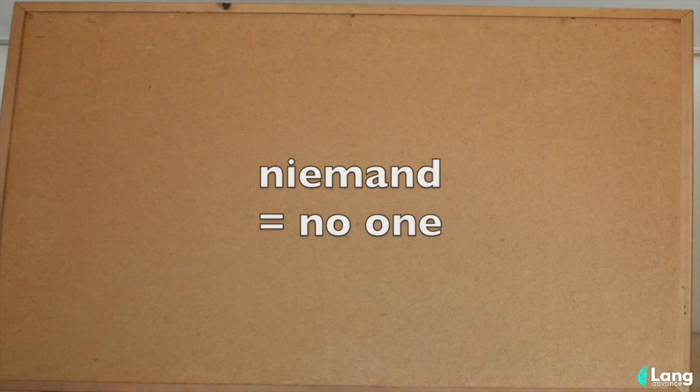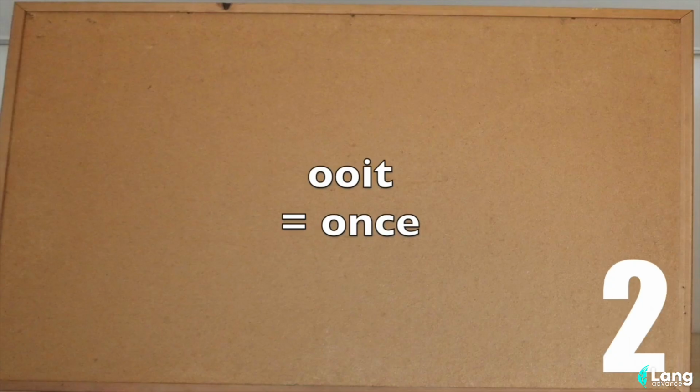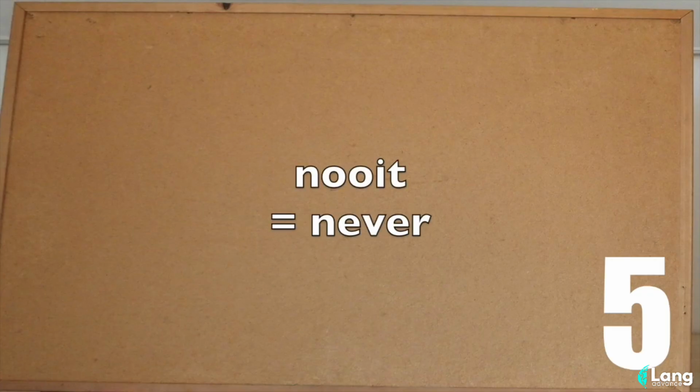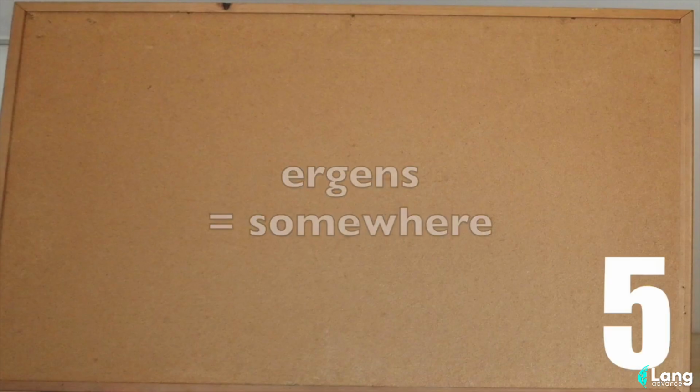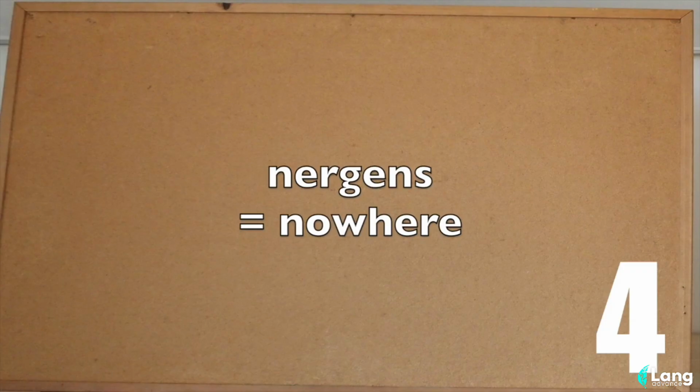Niemand is no one. Ooit means once. Nooit means never. Ergens means somewhere. Nergens means nowhere.